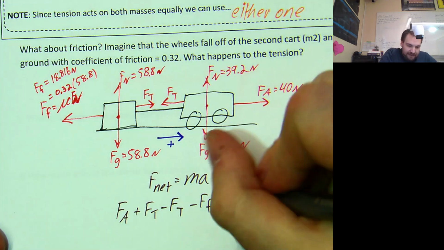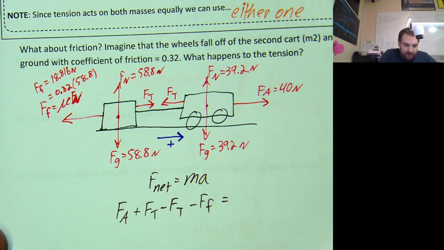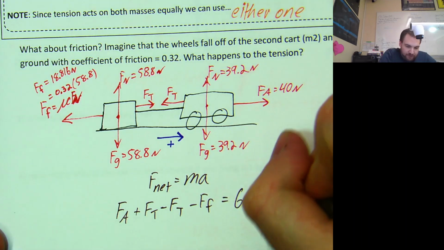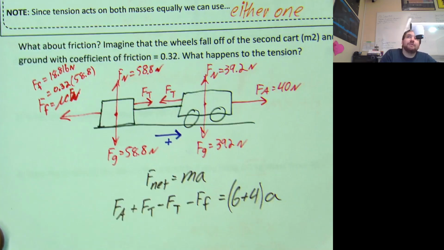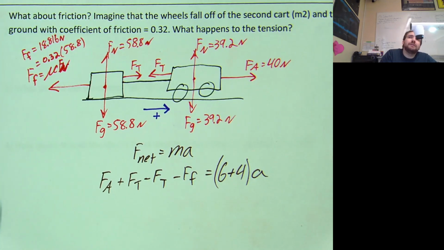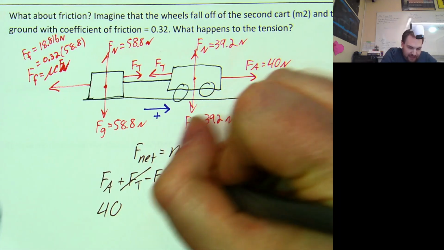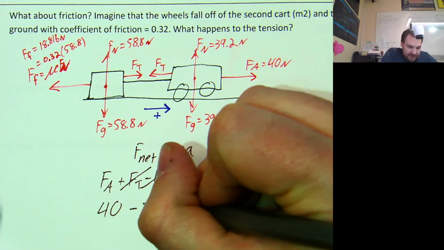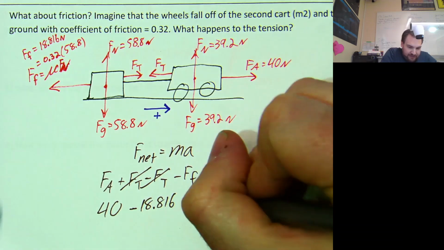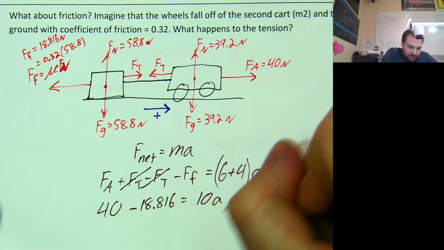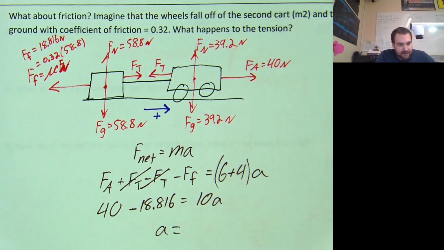Good. And that's going to equal the masses we had before, still 6 plus 4, times our acceleration that we're looking for here. So Fa is 40. That guy and that guy are going to cancel out. Minus 18.816 equals 10a. What's the value for the acceleration this time?